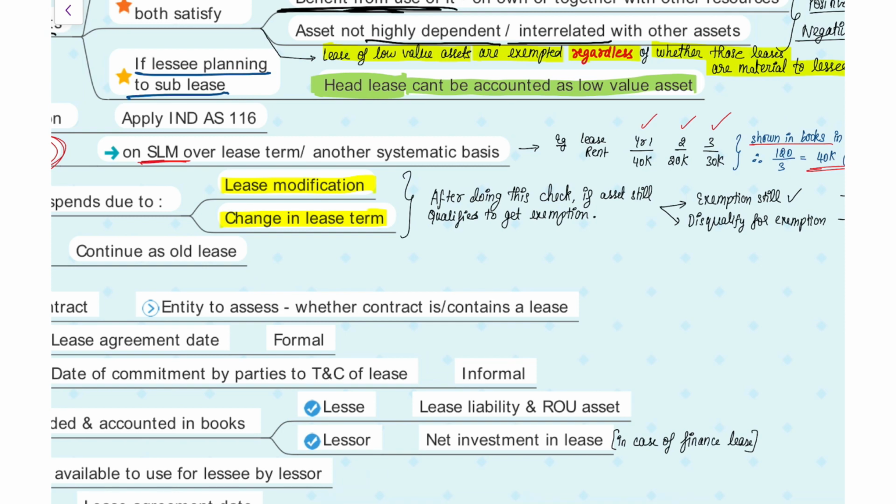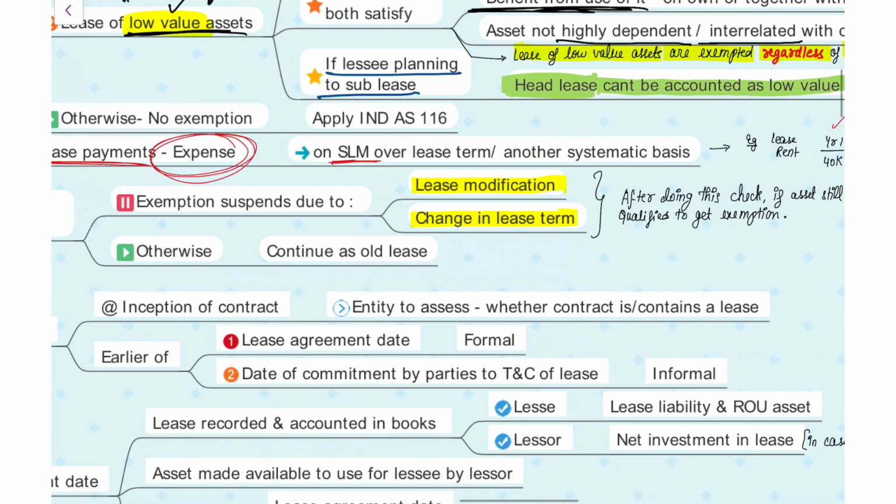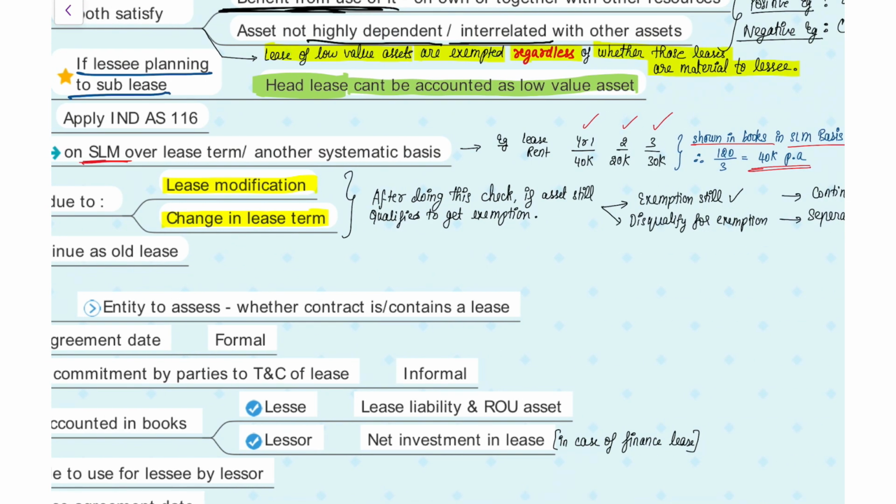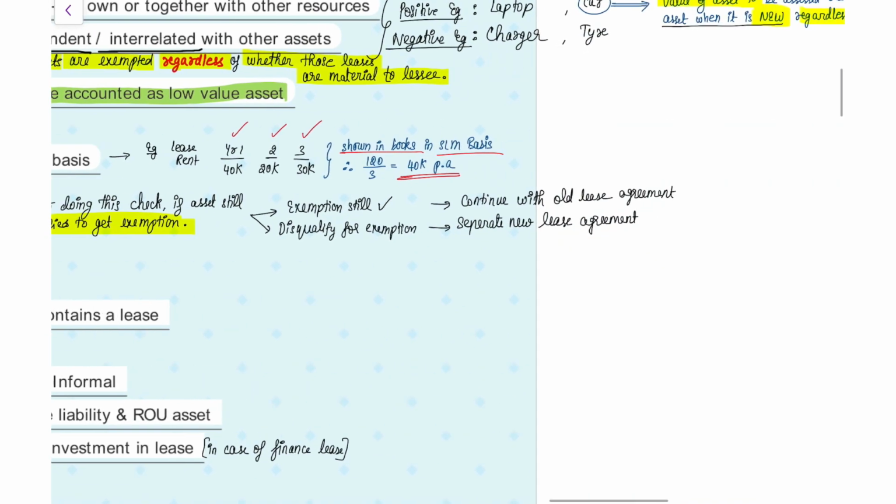If there is any of these two, then in such case you have to wait and see whether you are still qualifying to get the exemption or not. That means whether you are still fulfilling the conditions, even after the lease modification or the change in lease term has happened. If you are still qualifying to get the exemption, then no issues.